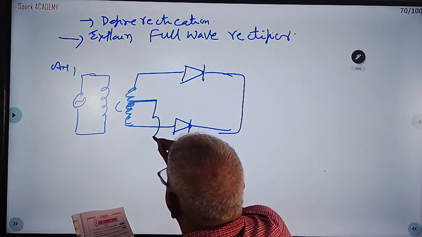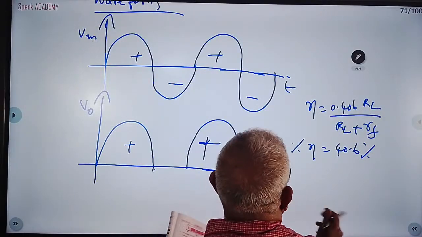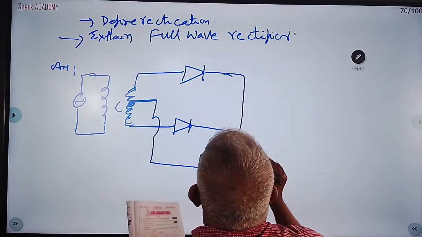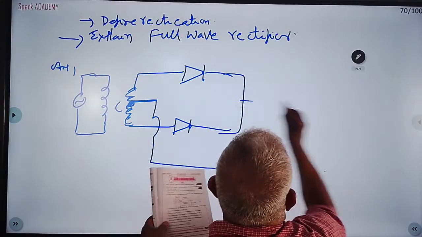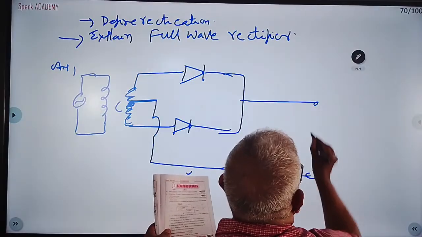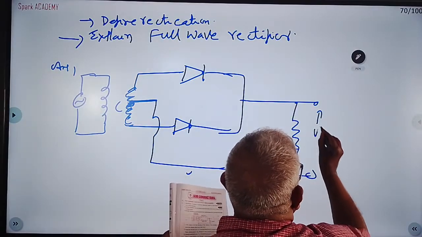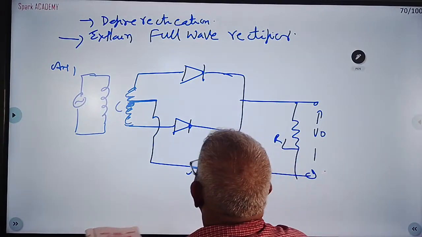Here one connection is there, here one point, here another point. Here load resistance is connected, and here output is taken. Two diodes are connected.